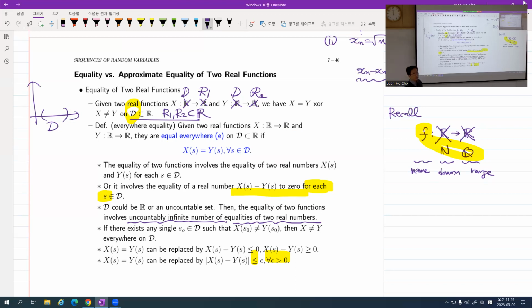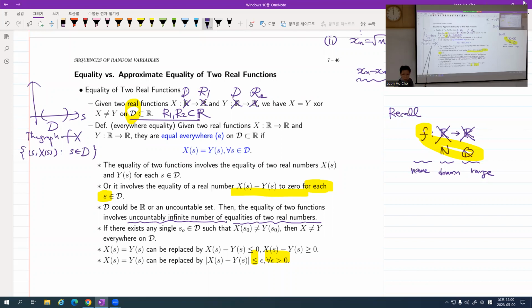The graph is the set of points (s, x(s)) such that s is in D. Got it?